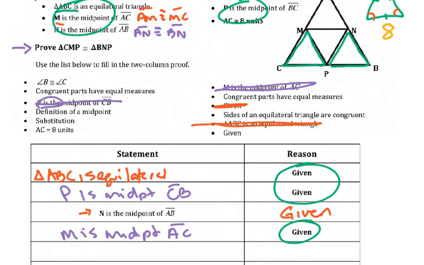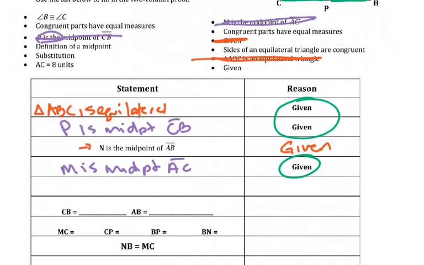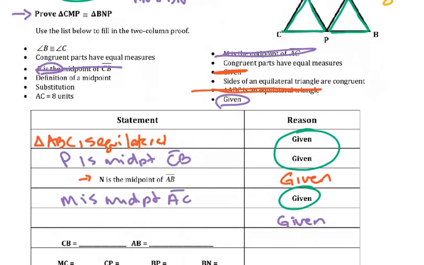Then the next thing is blank, so I'm listing all of the givens here. There's one more given reason, so that's going to go right there. What's the other given statement that I haven't used yet? The other statement I haven't used yet is that AC equals 8. Okay, so I'm going to mark that off.